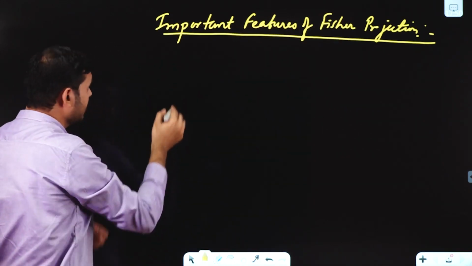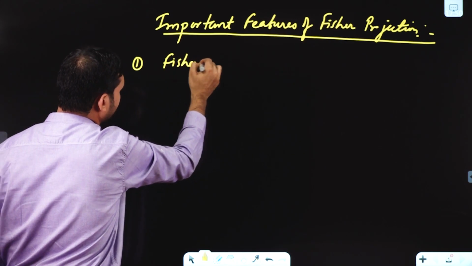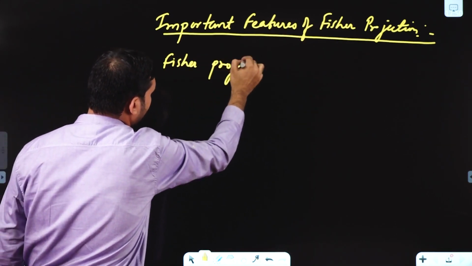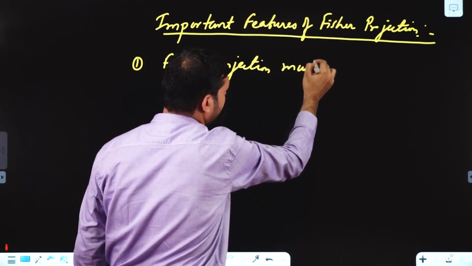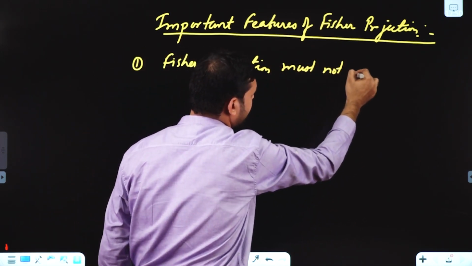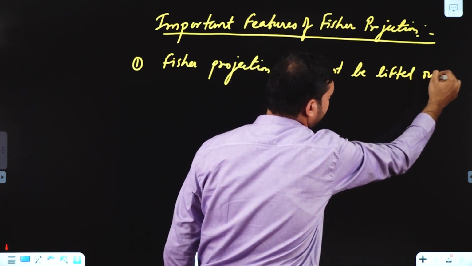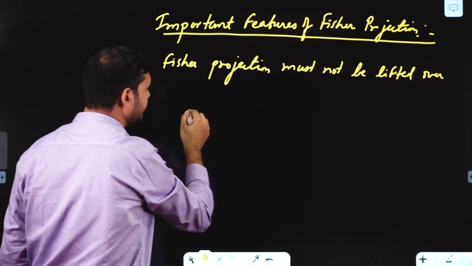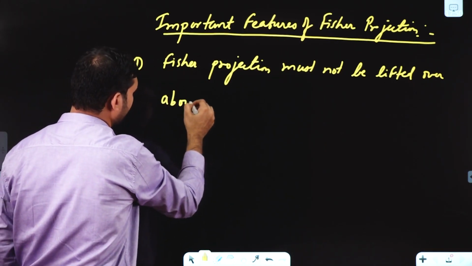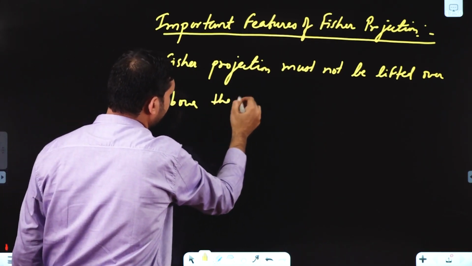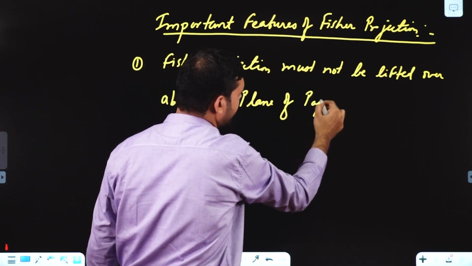First point: Fisher projection must not be lifted over above the plane of paper.